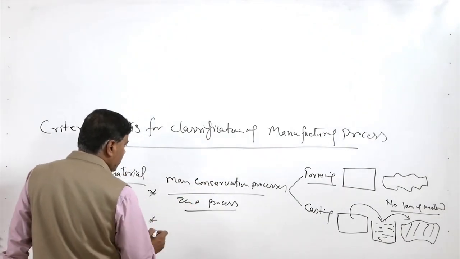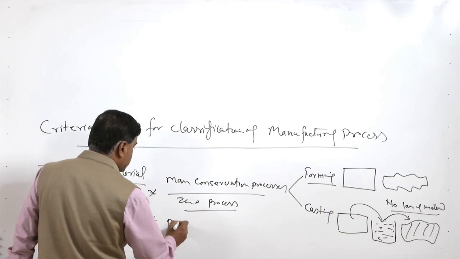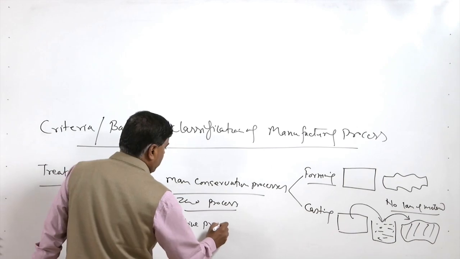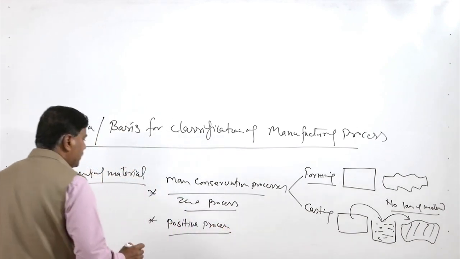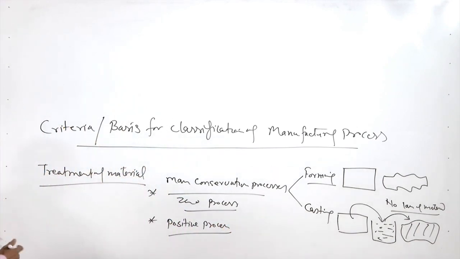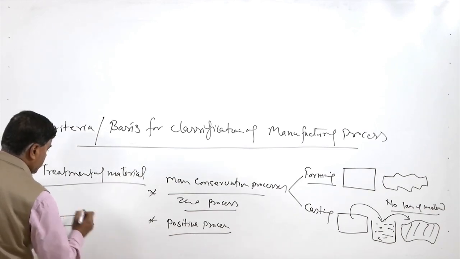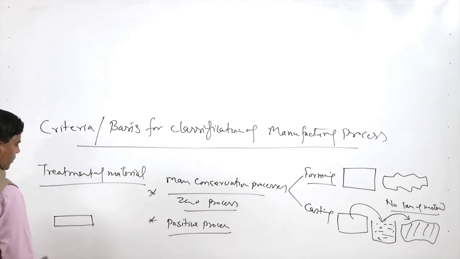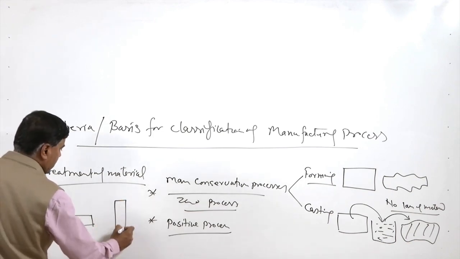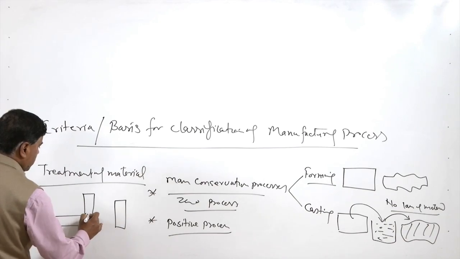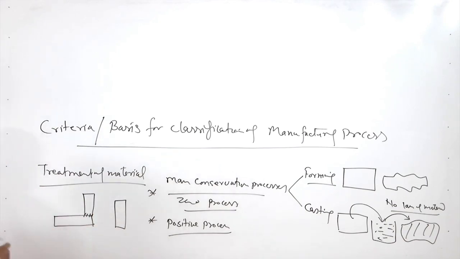The second one is the positive process, wherein the desired size and shape is achieved with the addition of the material, like simpler shapes. If this is one shape and this is another, then the two can be brought together through joining processes, so that the desired one can be achieved.